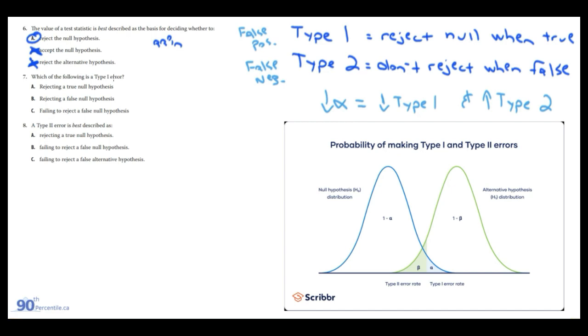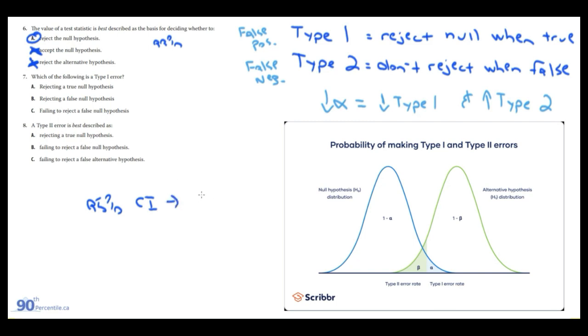Which of the following is a type 1 error? A type 1 error, I have some visuals and some definitions over here. So a type 1 error is rejecting the null hypothesis when it's true, which could also be known as a false positive. So if we have a 95% confidence interval, we are 95% sure that we will make the right decision regarding the null hypothesis.